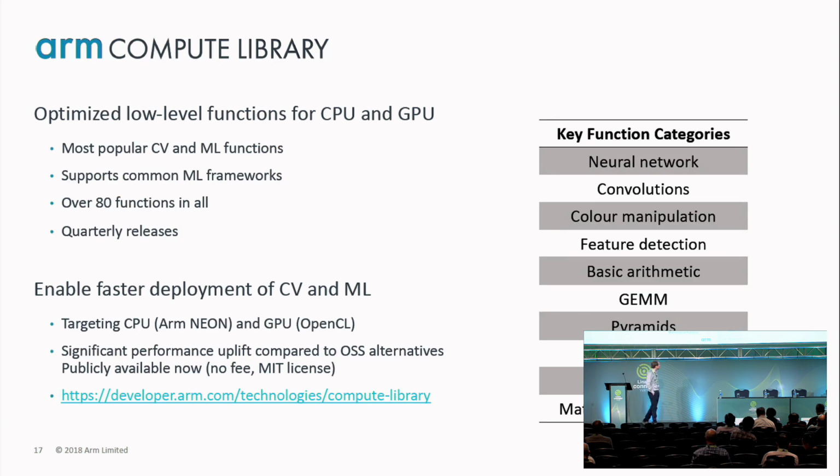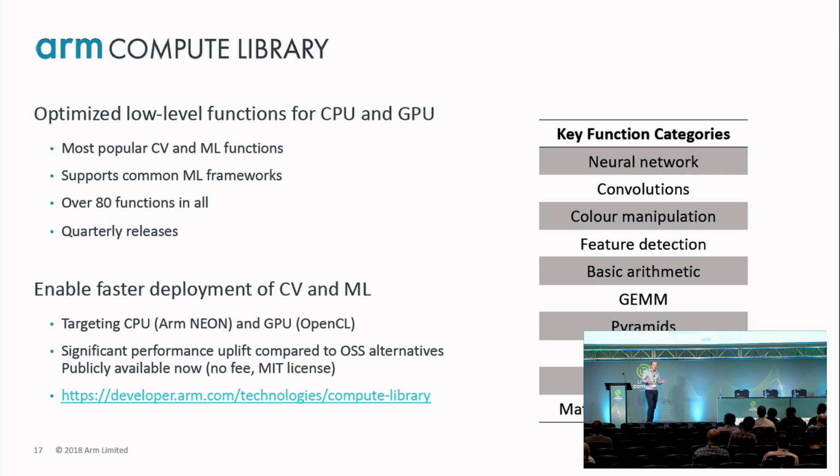And then just to go into a little bit of detail on what the compute library is. It's a set of optimized low-level functions for the CPU and GPU. It covers both classic computer vision and machine learning functions. The way we're using it in practice is people are using a mixture of the compute library, for example, HOG plus SVM and other initial image processing stages, combined with Arm NN, which calls the compute library for decomposing and managing the neural network architecture itself.